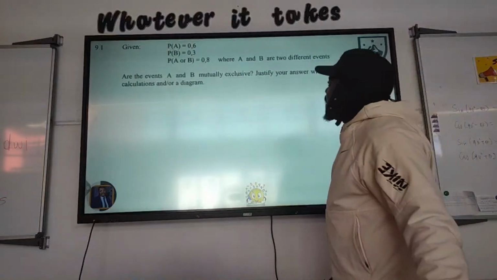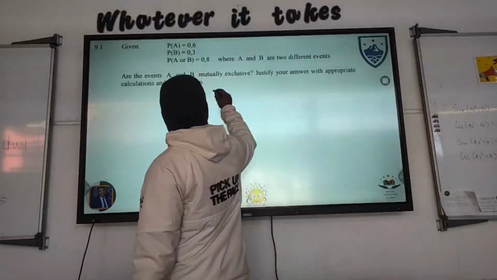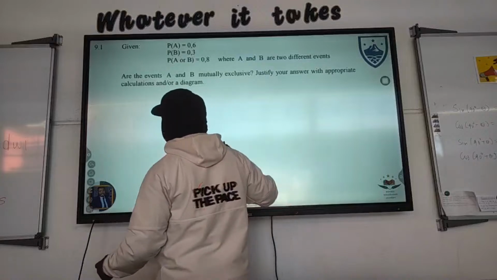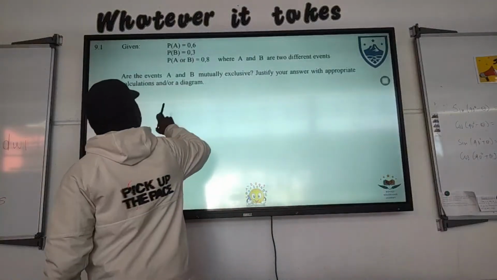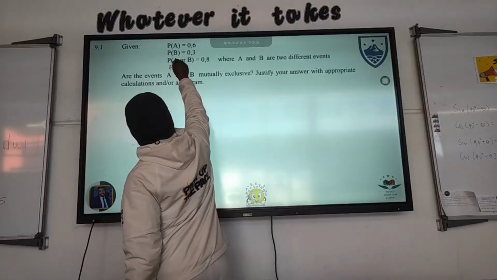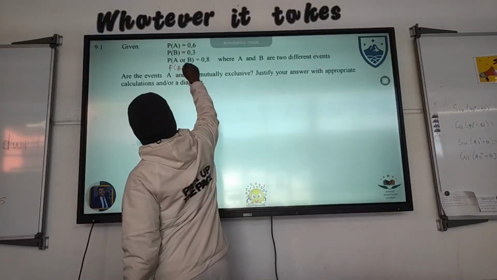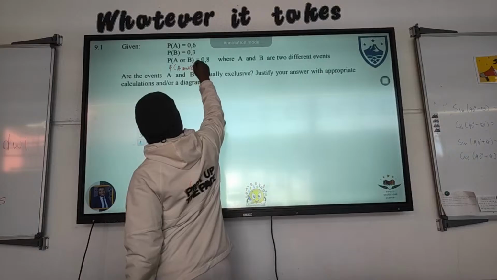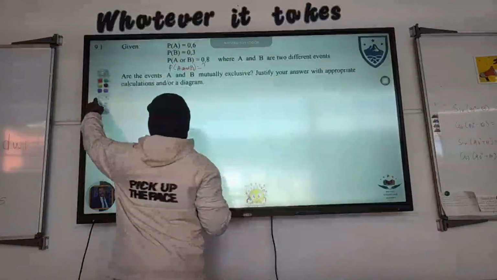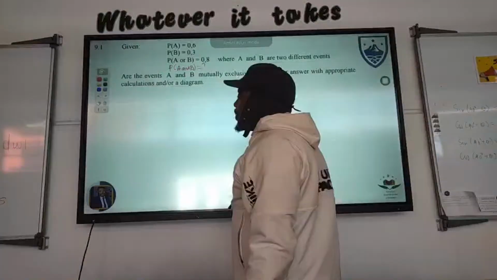We need to know this because P(A and B) is not given, so we need to go and calculate it.